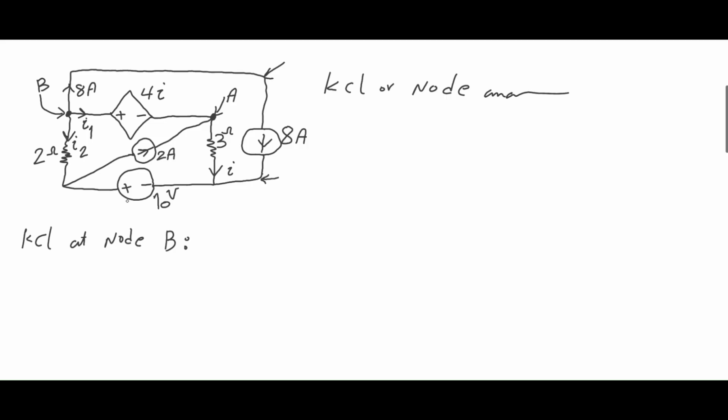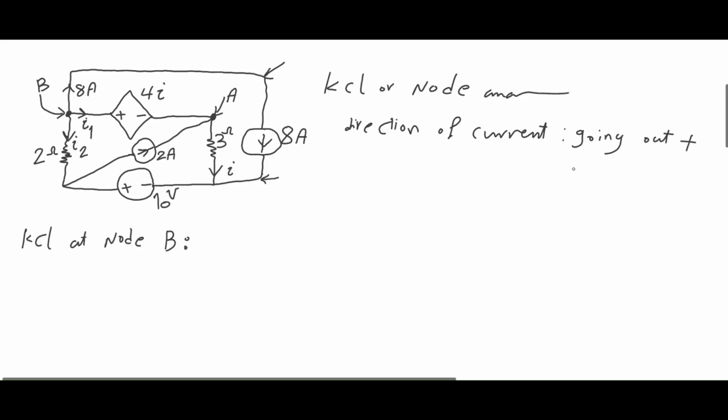If I want to write the KCL at node B, and if you guys remember from the previous sessions, we said that we always consider the direction of current going out as positive by default. So if I consider I1, as you can see, it's going out of node B, so I consider I1 as positive.